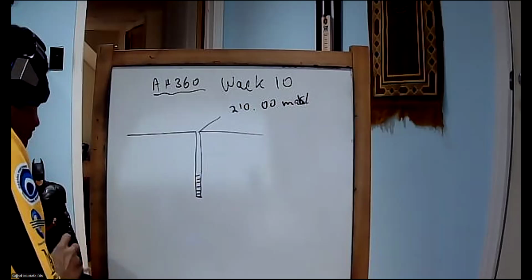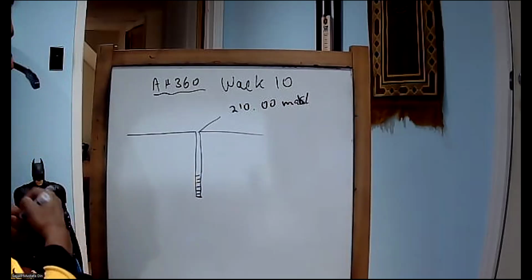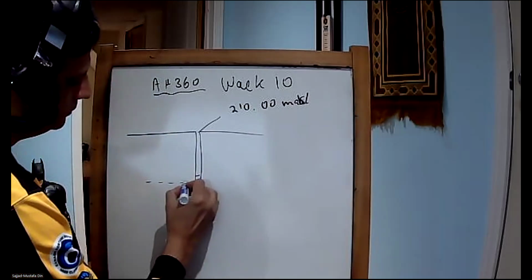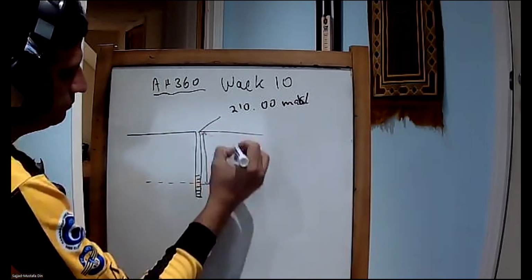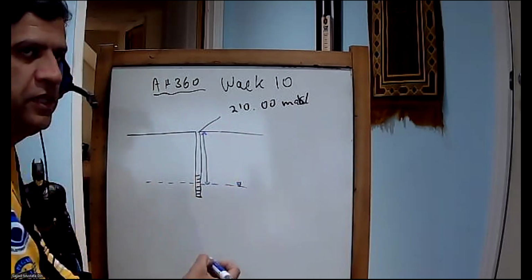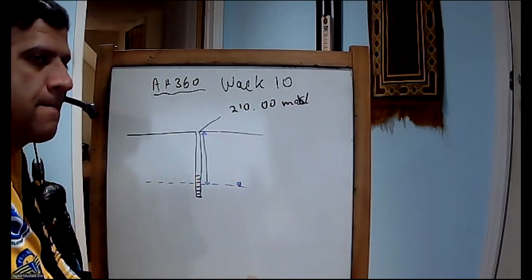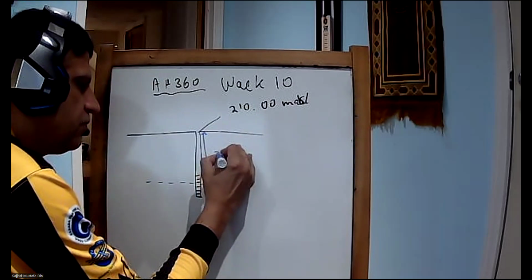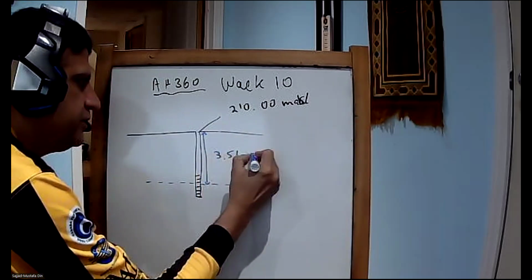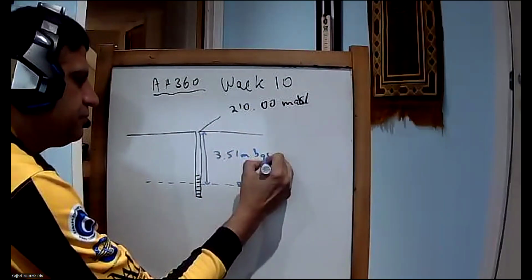And then you took a measurement of the groundwater level in the well with the instrument that we've discussed, and let's say this is 3.51 meters below ground surface.